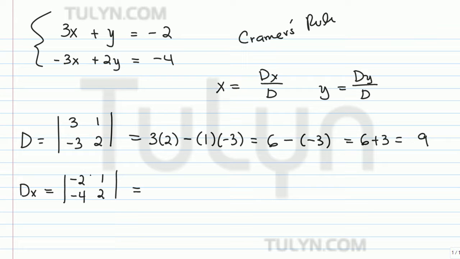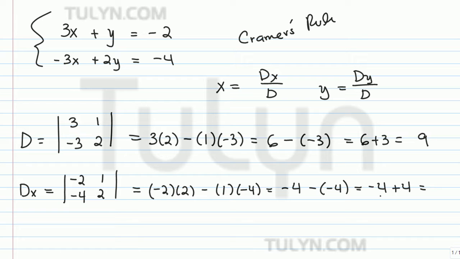So again, solving, we get -2 times 2 minus 1 times -4. Simplifying, we get -4 minus -4, which becomes -4 plus 4. These two are additive inverses, so since we're adding them together, we get 0.